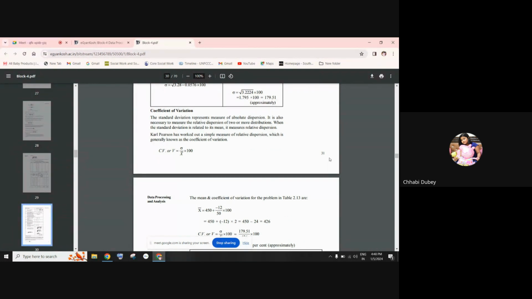When the standard deviation is related to its mean, it measures relative dispersion. So the coefficient of variation, also known as the Karl Pearson method, is a simple measure of relative dispersion, which can be found by this formula.